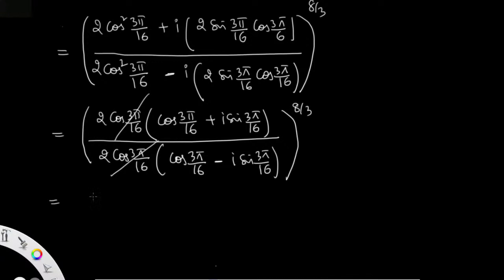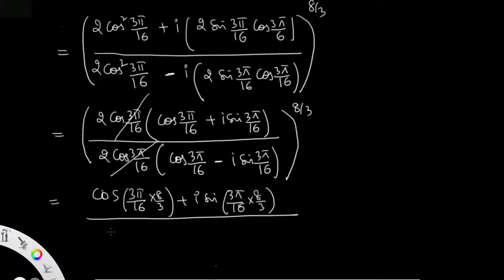So we write cos of 3 pi by 16 into 8 by 3 plus i into sin of 3 pi by 16 into 8 by 3, divided by cos of 3 pi by 16 into 8 by 3 minus i into sin of 3 pi by 16 into 8 by 3.